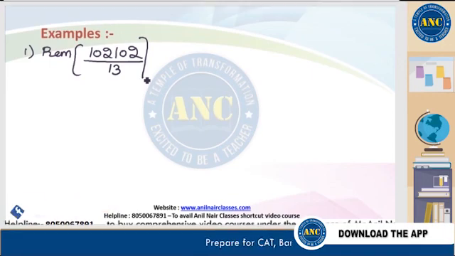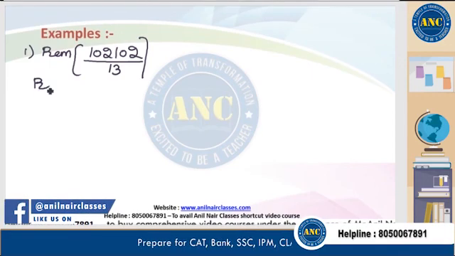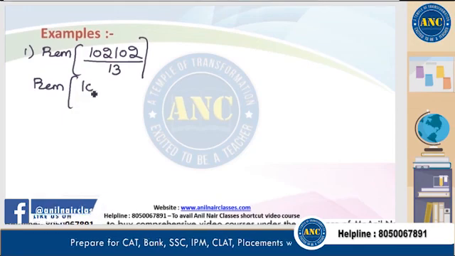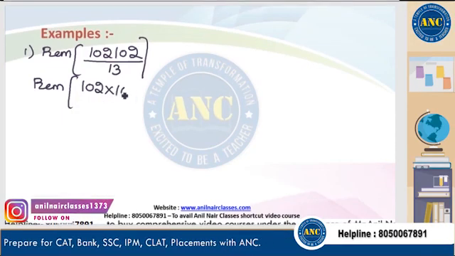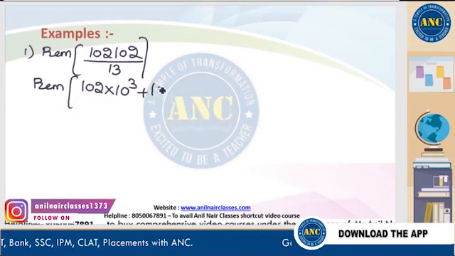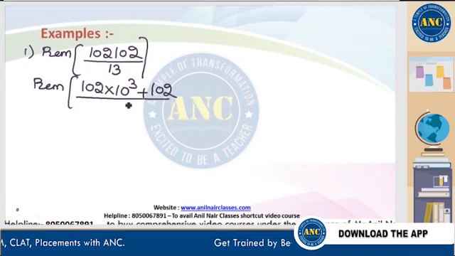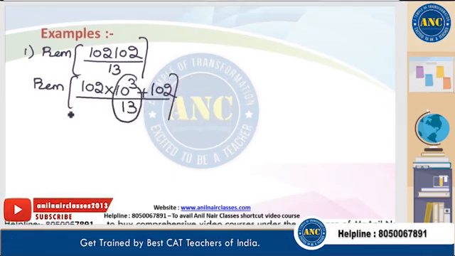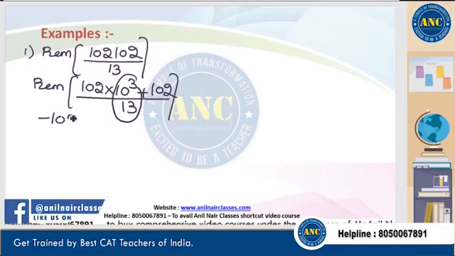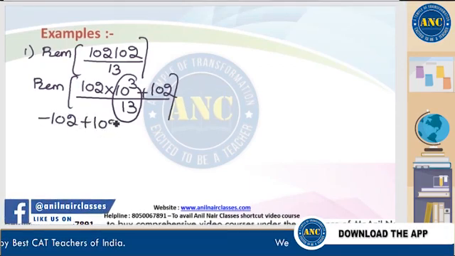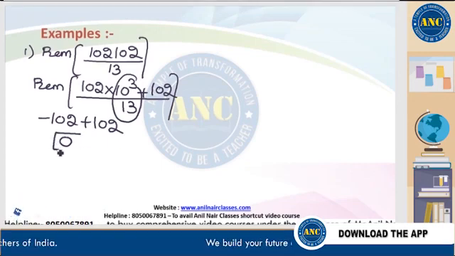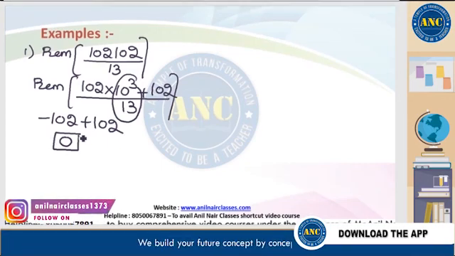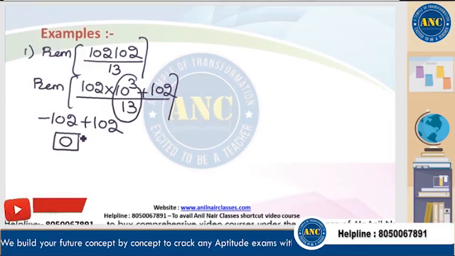This is nothing but the remainder. 102 into 10 cube plus 102, divided by 13. 10 cube by 13 is minus 1. Minus 102 plus 102. What will be the remainder? Remainder will be 0.